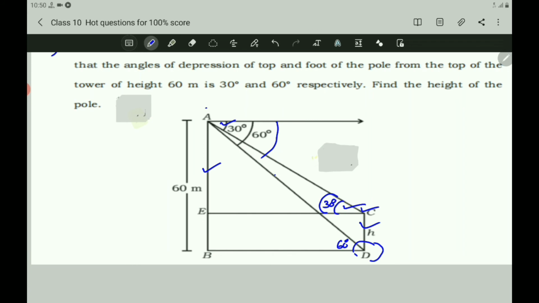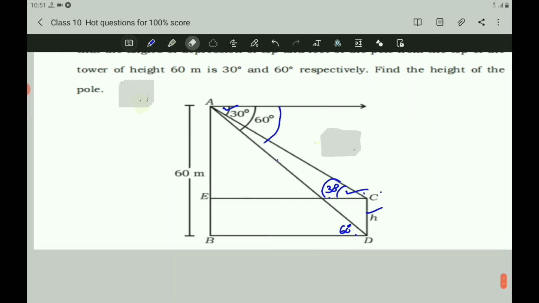Now use the triangle AEC and use the triangle ABD. Use the trigonometric ratio and find the height of the pole CD.